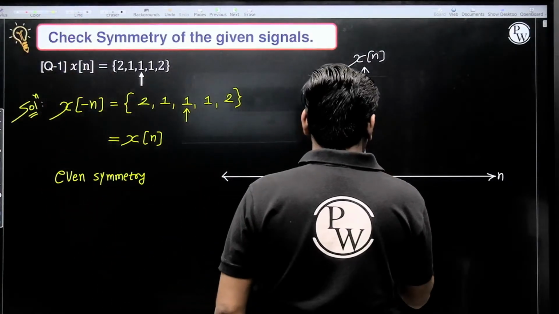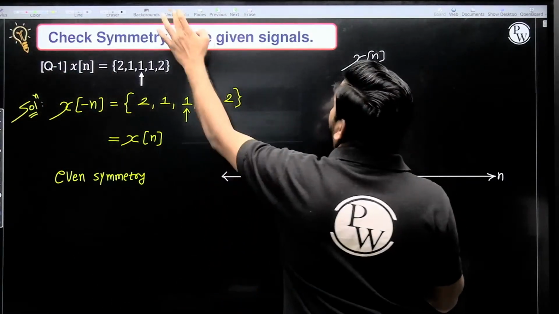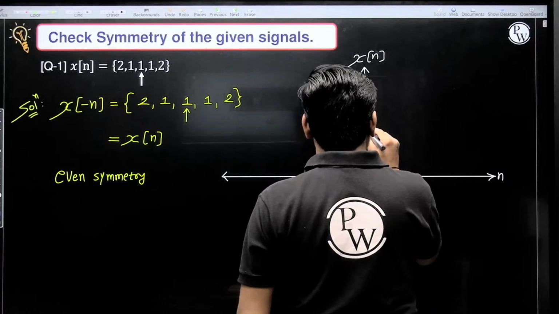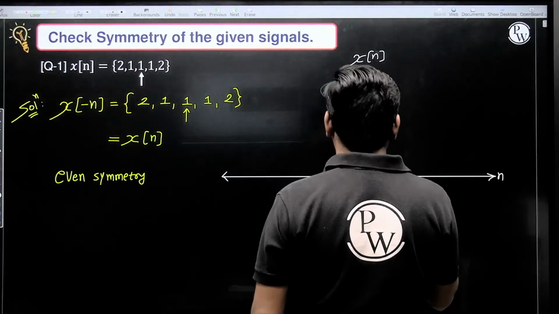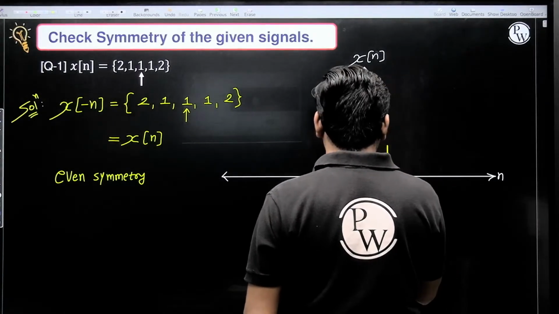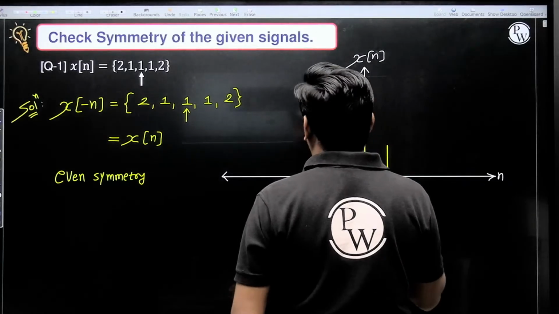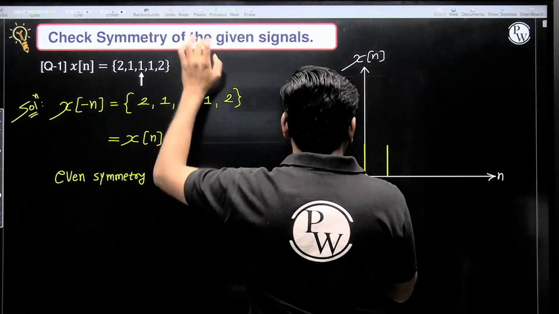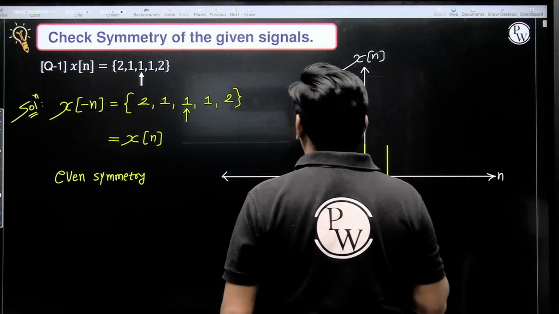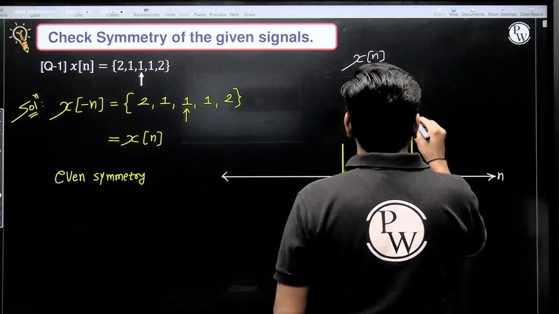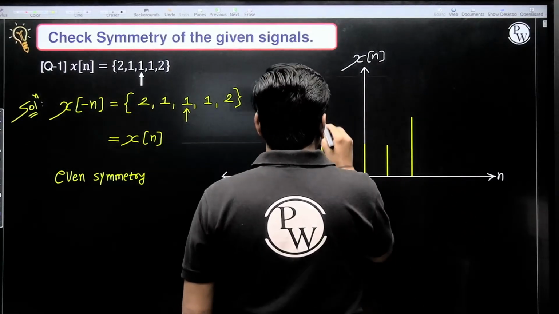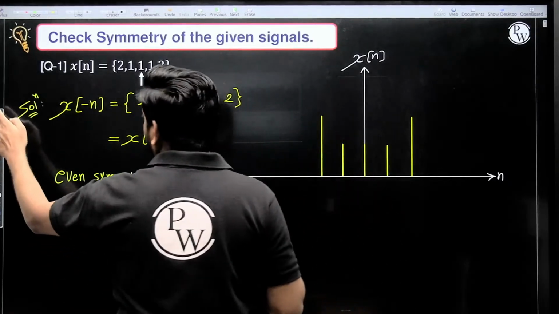At origin the amplitude is 1. Then the next is also 1, also 1, and there also 2.